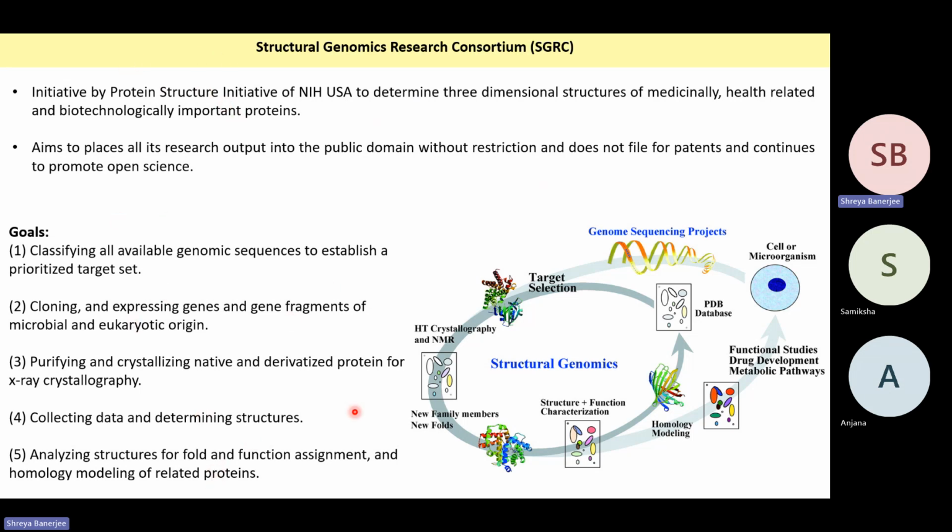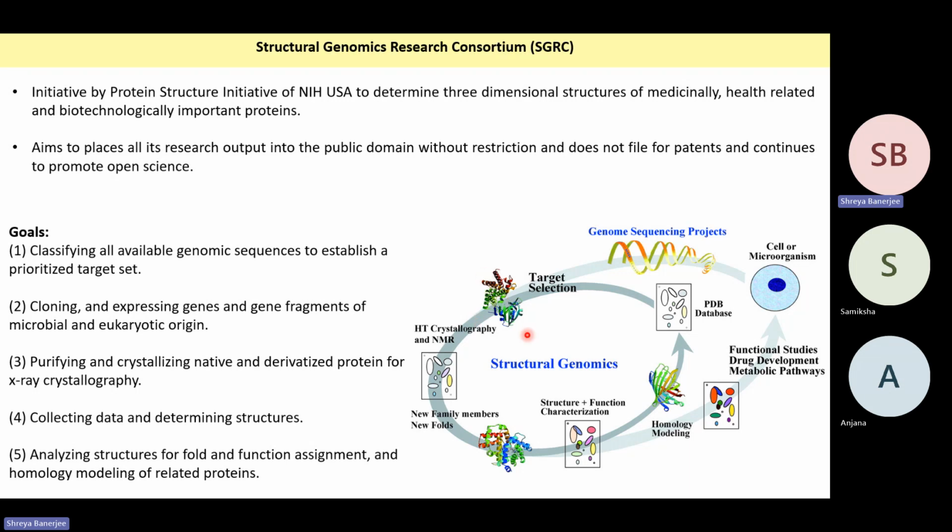So there are different goals of this initiative. Some of which are purifying proteins and crystallizing proteins in order to study them by crystallography, determining the 3D structure of proteins, then seeing, suppose you have a family of proteins which have one common region. That means that common region has some function.